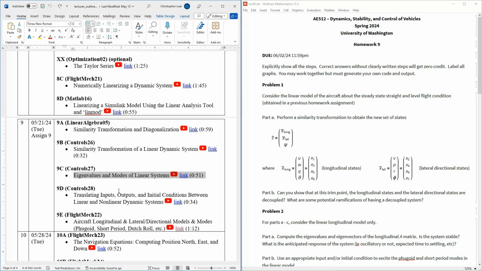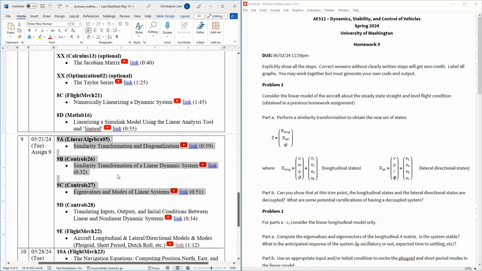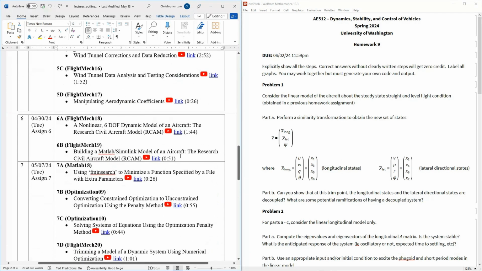Okay? Once we have that, what we should probably also talk about is, remember, week 9 is you have a linear system, a linear model in your lap, right? And you're able to play with this linear model. But we know this linear model, in this particular case for our flight mechanics class, came from our nonlinear dynamic model that we developed way back here in week 6.